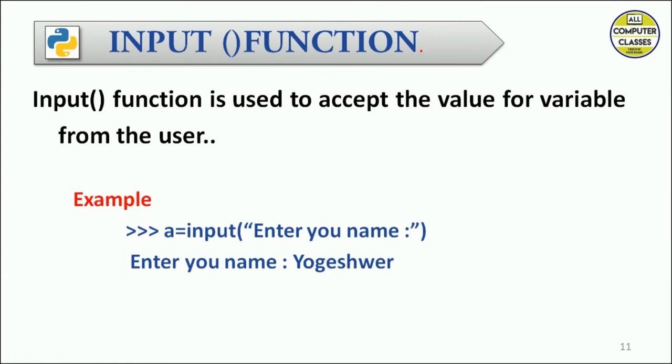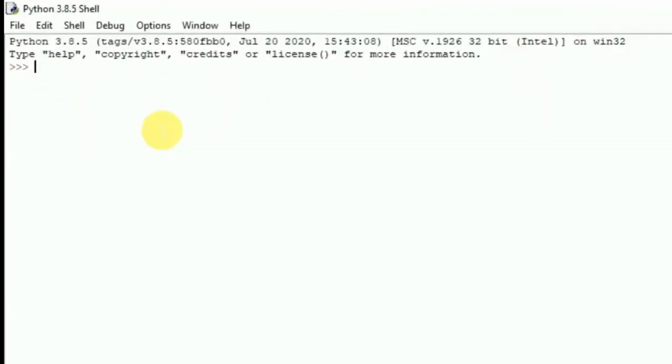So let's see practically first. Let's first see how the comment works. For example, we want to write a comment: hash, this is a single line comment.